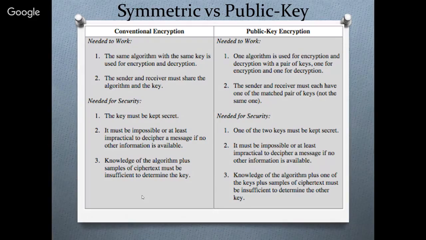Considering the security part, in conventional encryption the key must be kept secure, whereas in public key encryption one of the two keys must be kept secure. The other can be declared public, and anyone can use it. Second, it must be impossible or at least impractical to decipher a message if no other information is available.